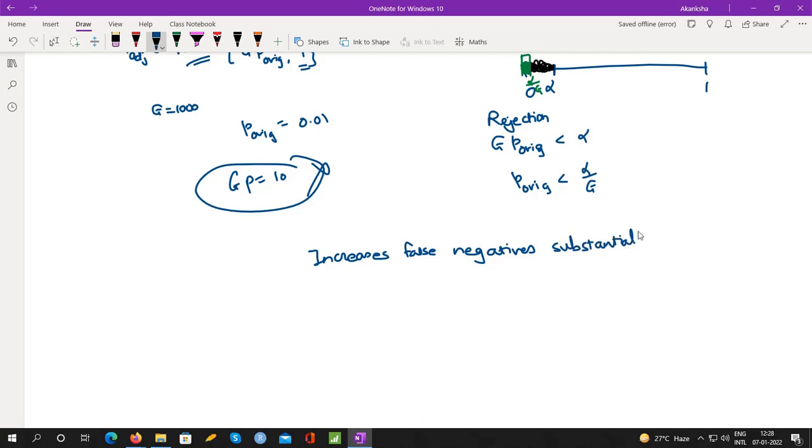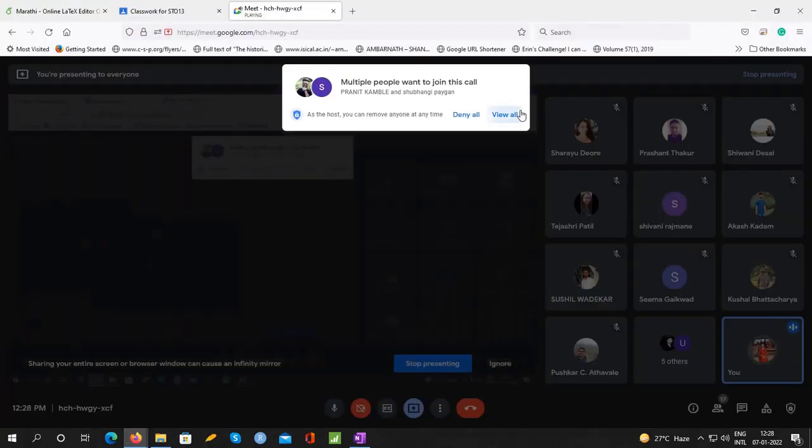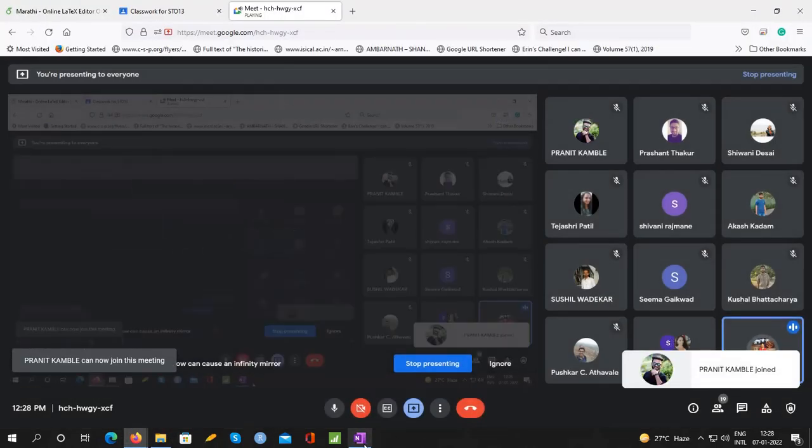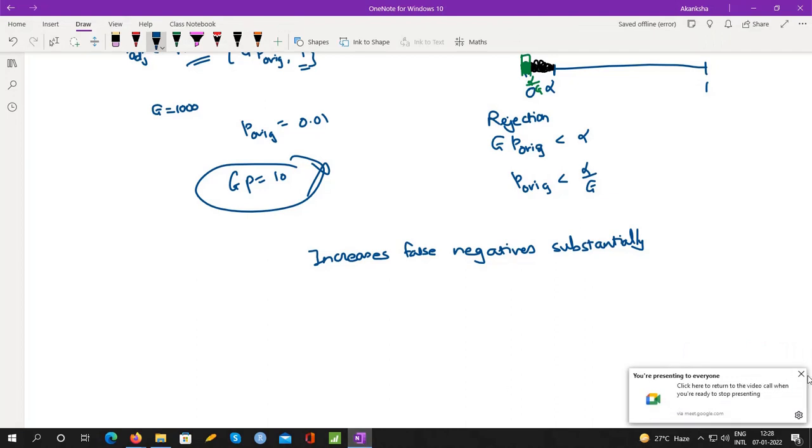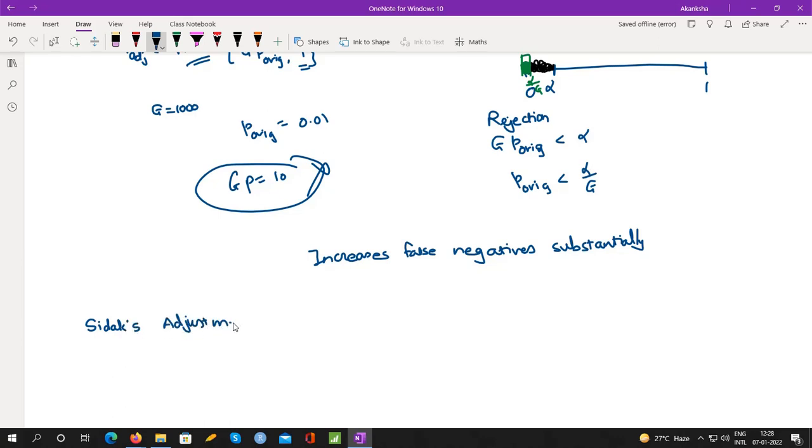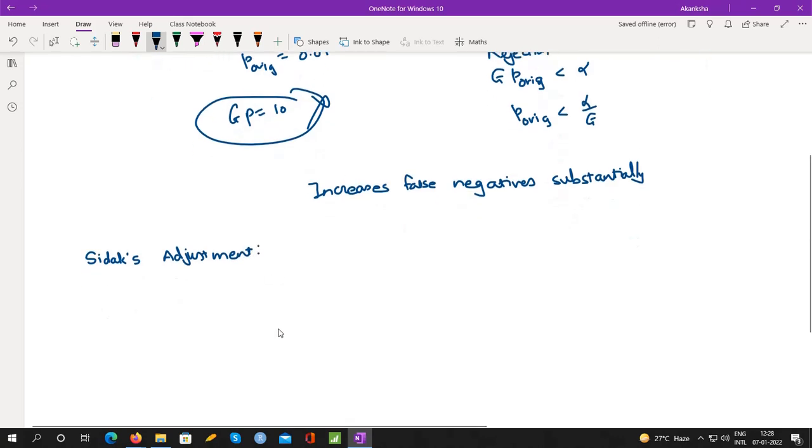Hence, this is not a very popular method. Of course, it exists and people do use it, but they generally use it when they can afford to have false negatives. So it increases false negatives substantially. There is another method which is known as Sidak's adjustment. What does Sidak's adjustment do?